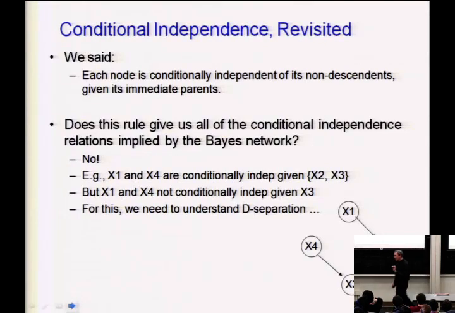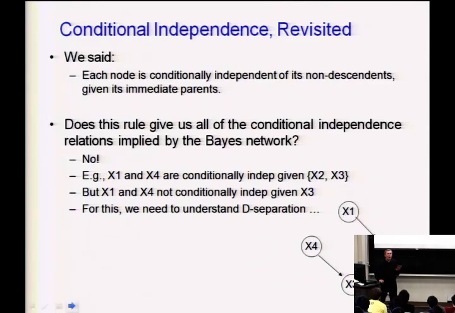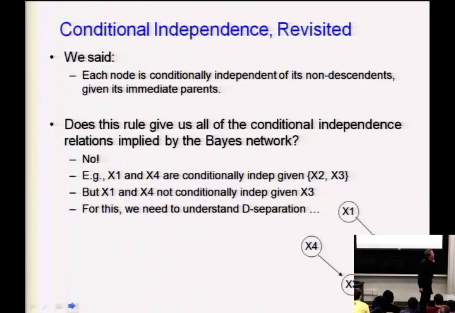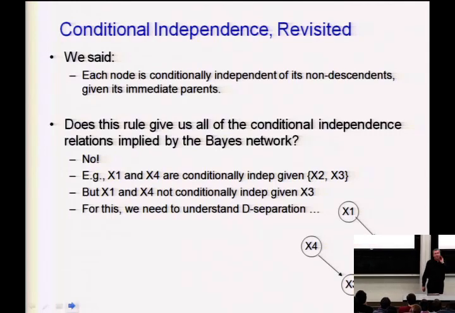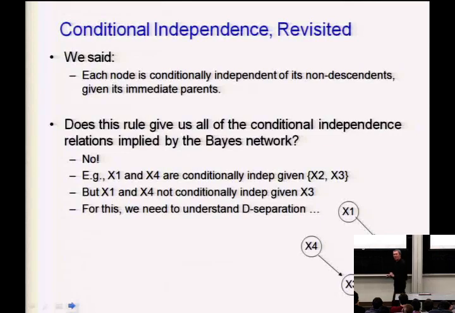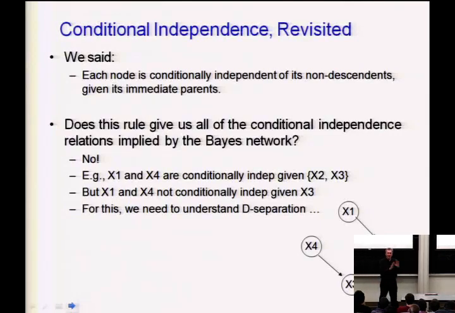So let's look at a more complete rule. It's called d-separation. If two nodes are d-separated given some other variables, then they are conditionally independent given those variables. And we'll see what d-separation means.